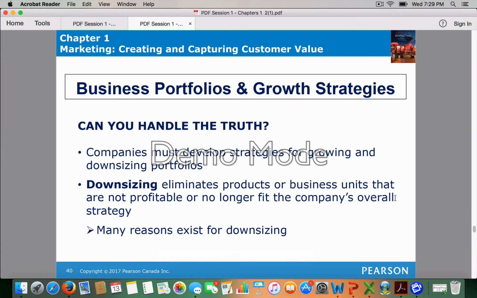And so sometimes companies need to take a good hard look and say, well, do we need to downsize or eliminate certain products in our product portfolio? Certainly, if you have a dog, if you categorize any of your products as dogs, that would be something you'd want to think about.